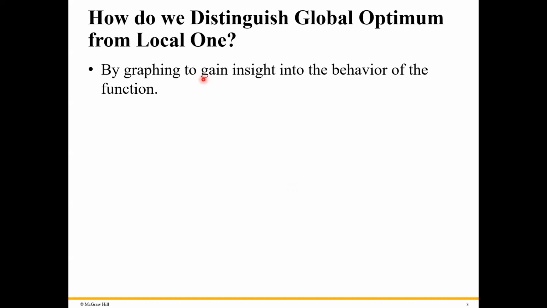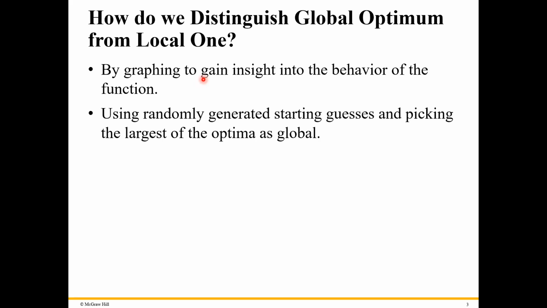For example, graphing to gain insight into the behavior of the function. The graph will give us a pictorial way to find the global optimum point. Then using randomly generated starting guesses and picking the largest of the optima as the global.